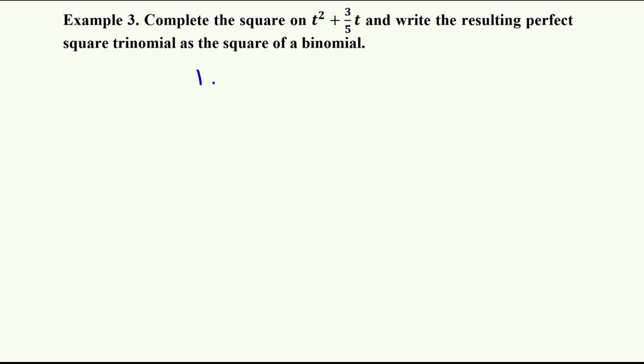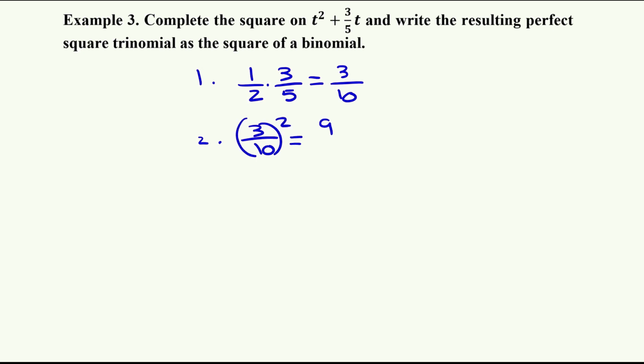Welcome back. So we know that we take 1/2 of 3/5, which ends up giving us 3/10. And in the next step, we're going to take that 3/10 that we obtained in the first step and square it to get 9/100.